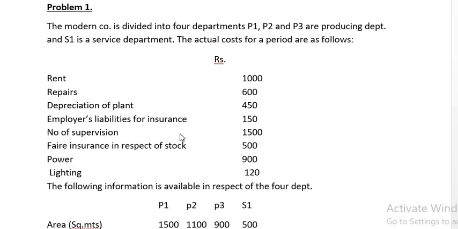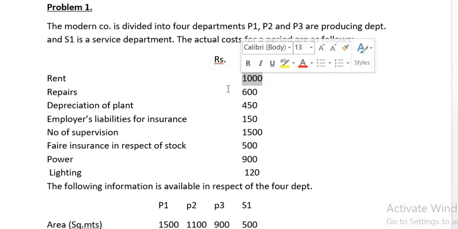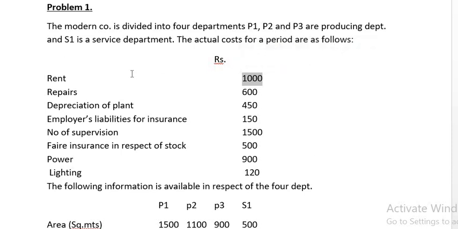First we need to understand the basis of apportionment. Here the rent amount is 1000. We can't distribute it to only one department; we will distribute it to all four departments, that is 3 producing departments and 1 service department. Rent is always on the basis of area occupied.